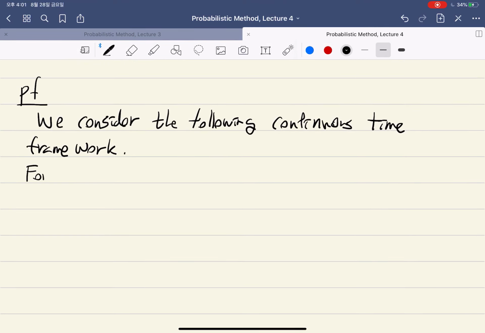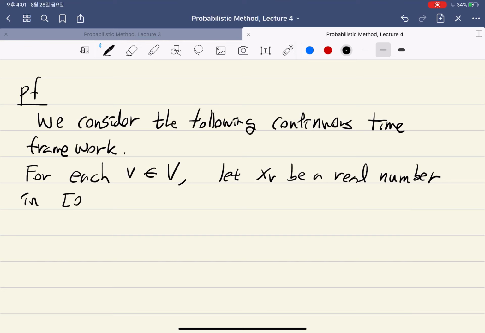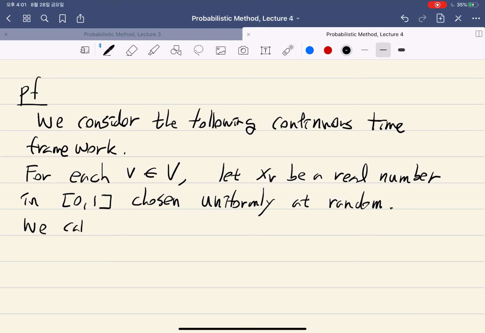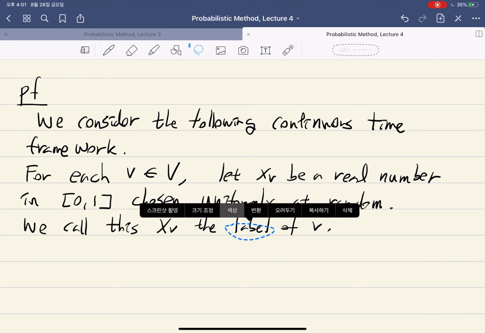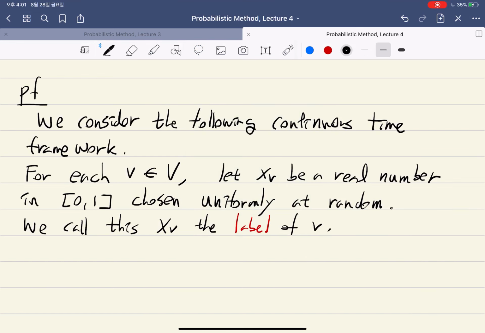What we do is, for each vertex v in V, let x_v be a real number in the 0-1 interval, which is chosen uniformly at random. We call this x_v the label of v. So for each vertex we have these labels.